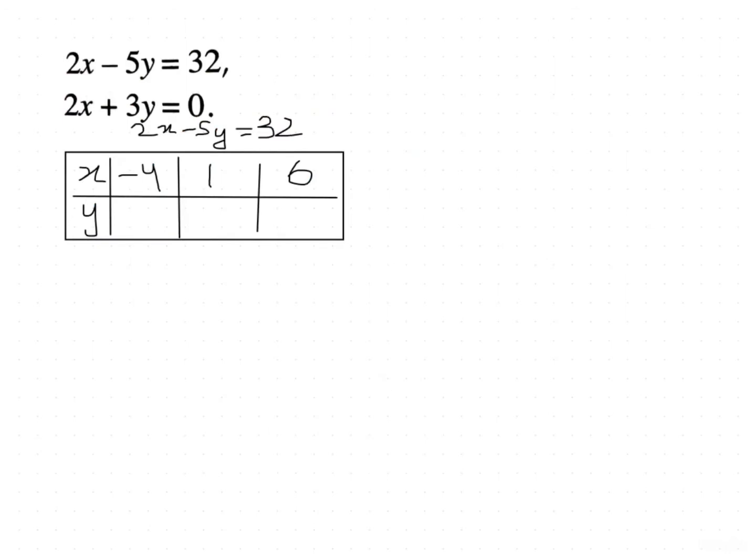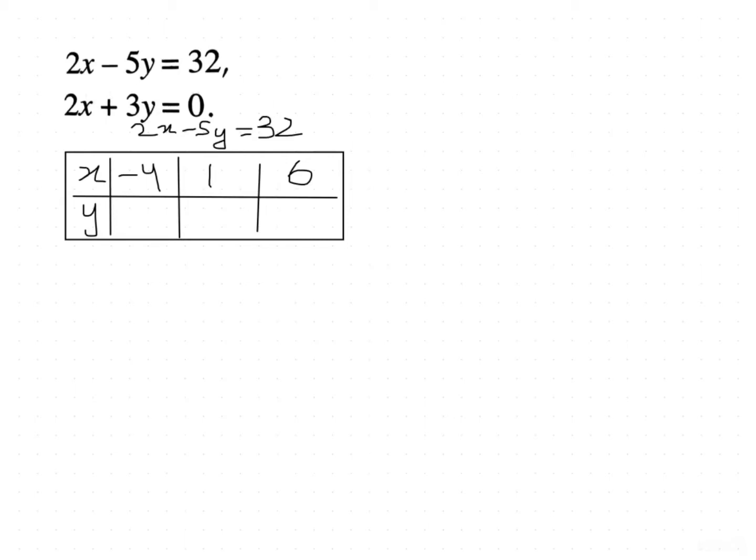So let's see our equations. They are 2x minus 5y equals 32, and 2x plus 3y equals 0. First of all, we have to plot 3 points to obtain the graph of a linear equation.